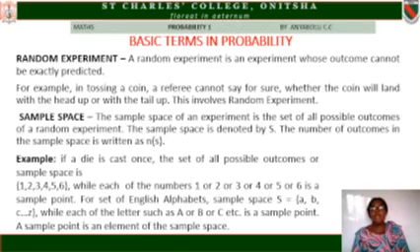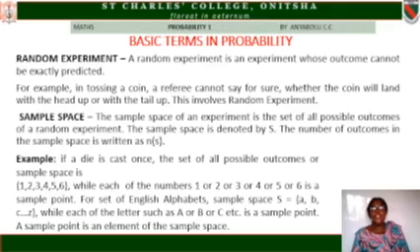4. Sample space. The sample space of an experiment is the set of all possible outcomes of a random experiment. The sample space is denoted by S. The number of outcomes in the sample space is written as n(S). Example, if a die is cast once, the set of all possible outcomes, or sample space, is 1, 2, 3, 4, 5, and 6, while each of the numbers 1 or 2 or 3 or 4 or 5 or 6 is a sample point.